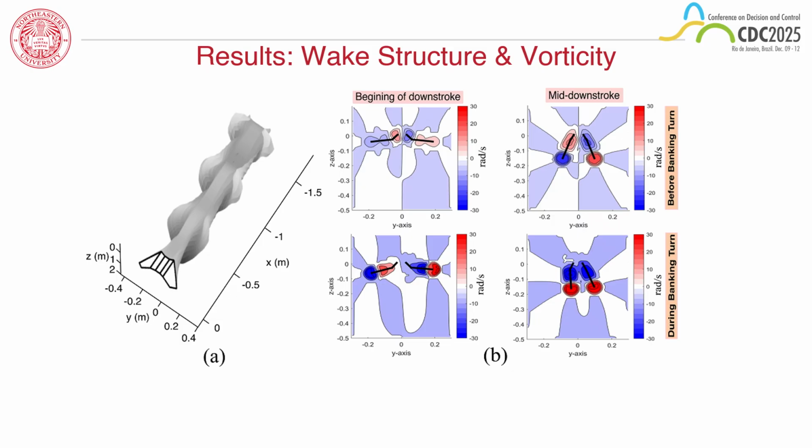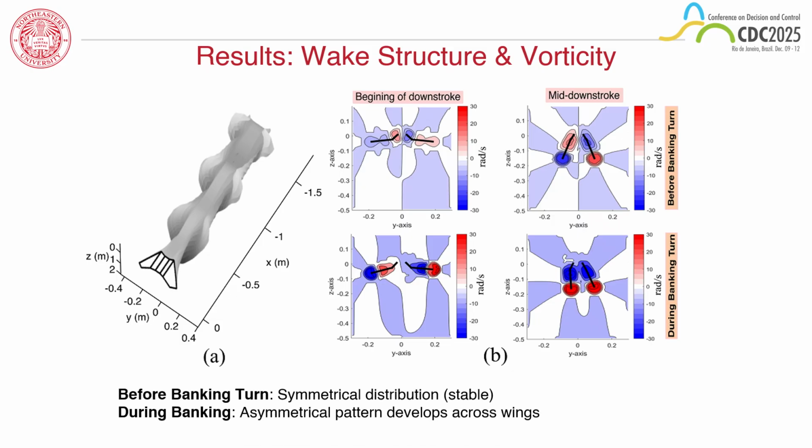The key observation is this: before the banking turn, the vorticity distribution is symmetrical, indicating stable flight, but during the banking maneuver, an asymmetrical pattern develops across the wings. This asymmetry is precisely what generates the differential forces needed to execute the turn.